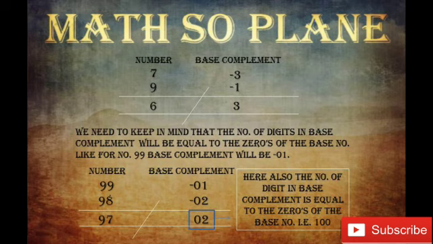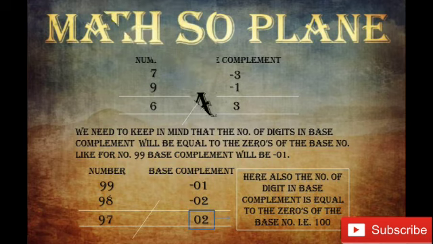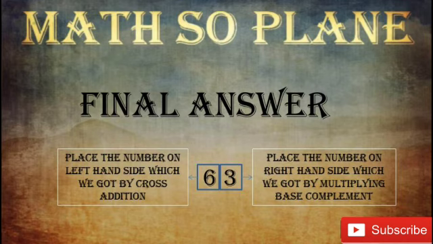So we write 6 before the slash and 3 after the slash. One very important thing to be kept in mind is that the digits in base complement are same as the number of zeros in respective base. So placing the cross-added digit to the left of slash and that acquired from base complement multiplication to the right, we get a final answer, that is 63.